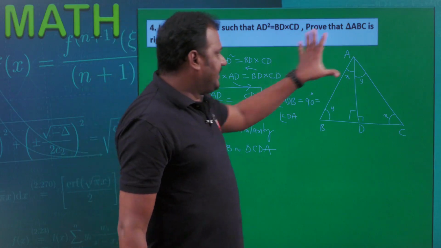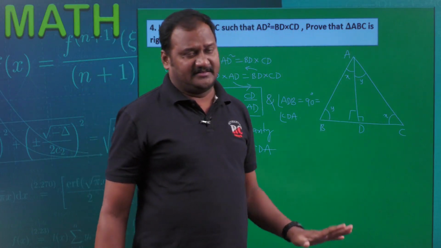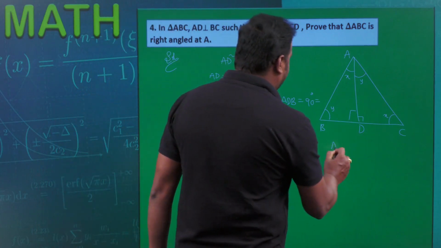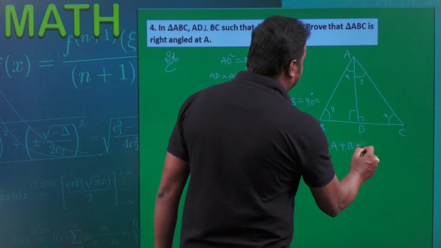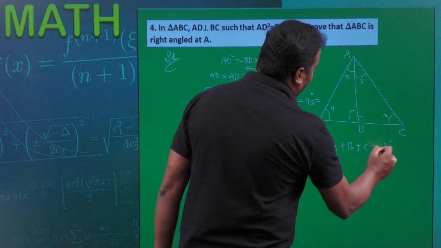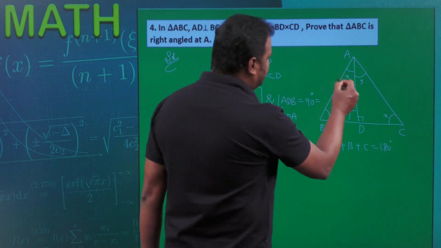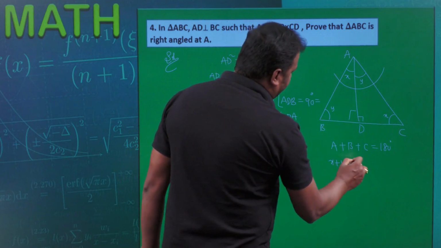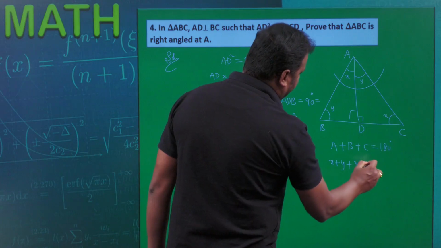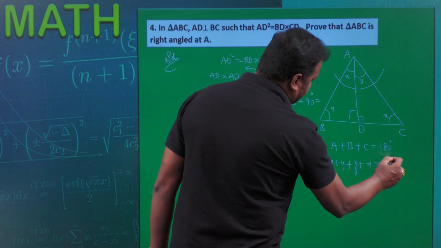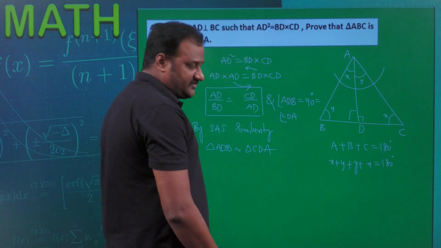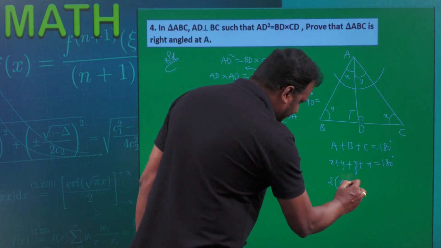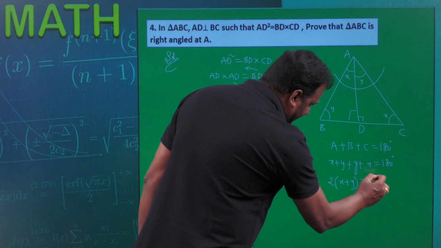But in the entire triangle, by the angle sum property of a triangle, angle A plus angle B plus angle C is equal to 180 degrees. Angle A means the entire angle, that is x plus y, plus angle B is y, plus angle C is x, which is equal to 180 degrees. x plus x is 2x, y plus y is 2y, so I can write it as 2 times x plus y is equal to 180.